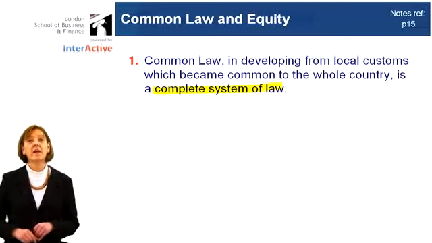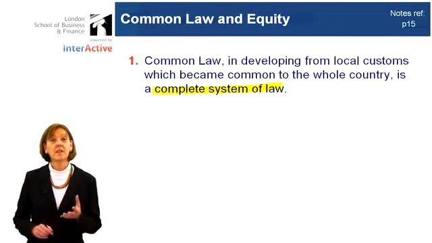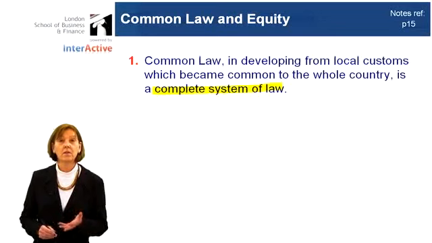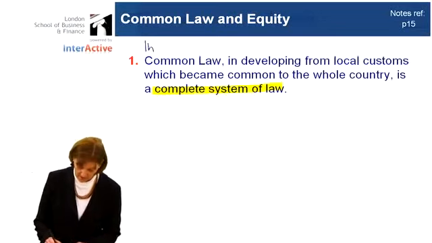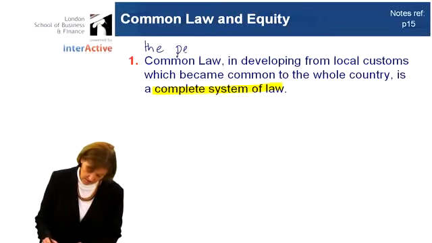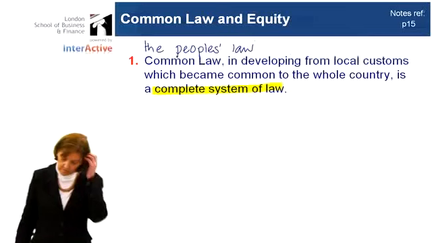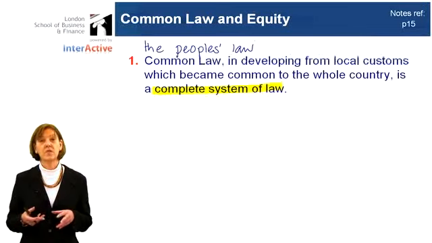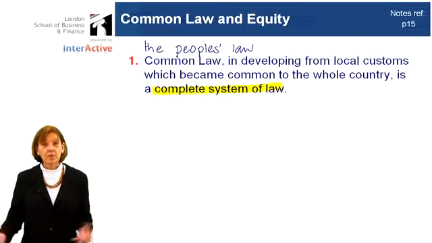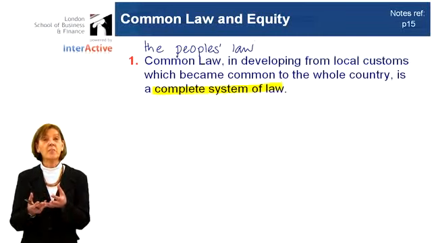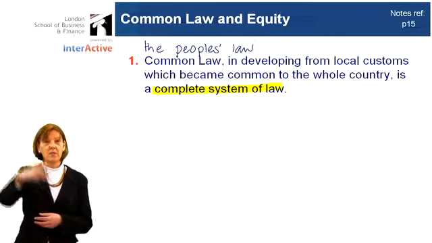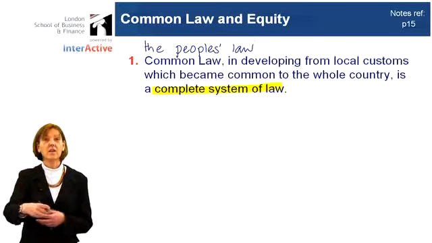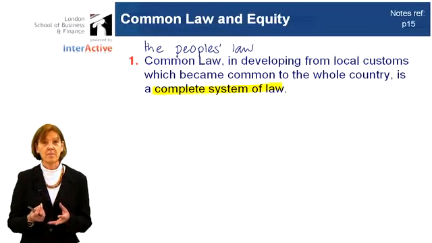Because of the way it developed, it's also sometimes, at least colloquially, called the people's law, in that it has its roots in the customs of the people. It grew up from the bottom. Nobody ever stood on high and imposed the common law downwards. It has its roots in the customs of the people.